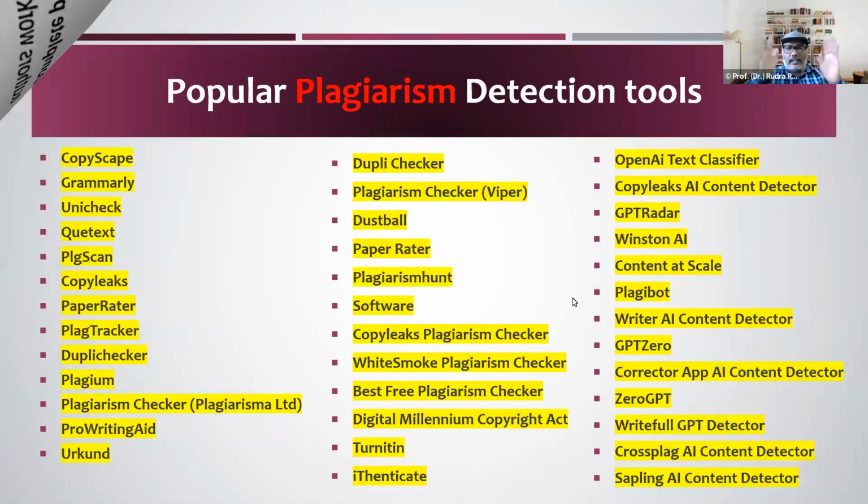So guys, this is the complete list of popular detection tools, for which we are meeting through this FDP. Different softwares are there. So far I found this exhaustive list of popular plagiarism detection tools. Some of them I have already quoted and explained to you, but some are different. But just believe that they work on a similar principle.